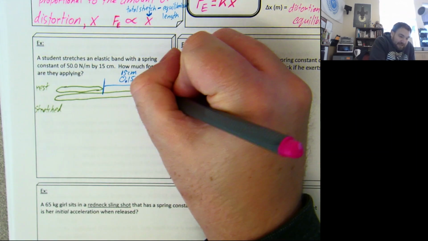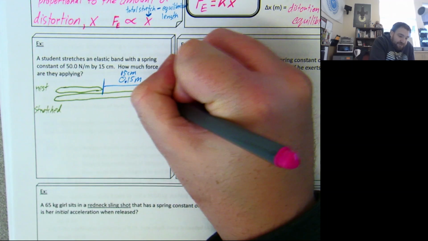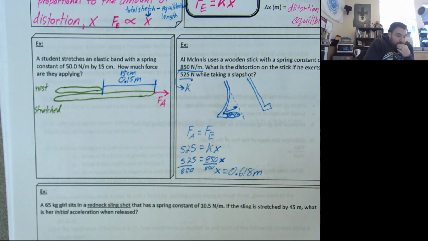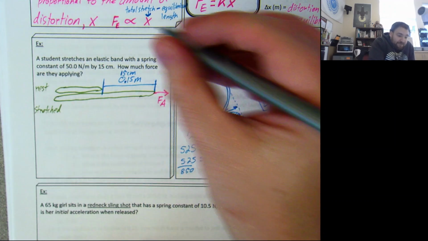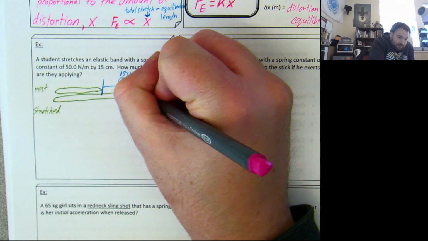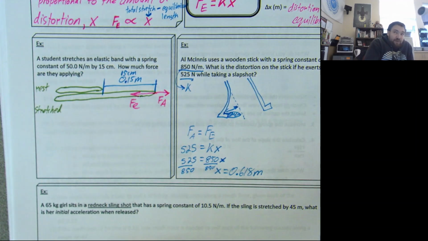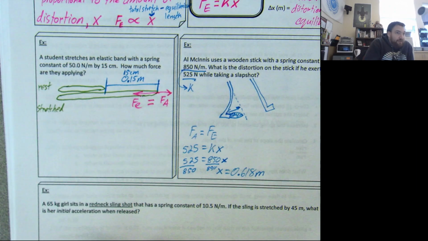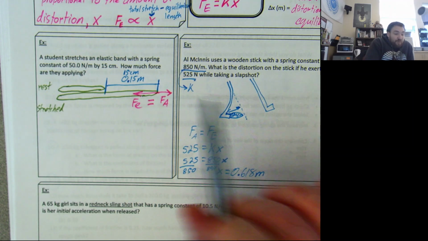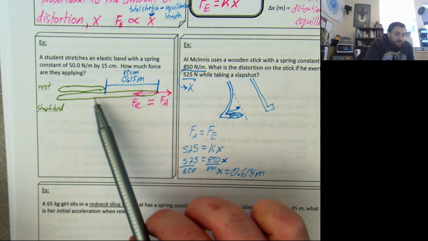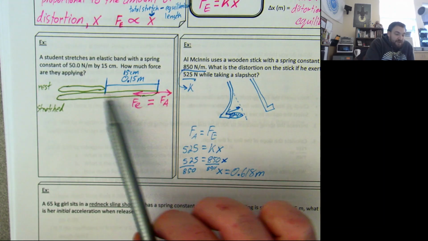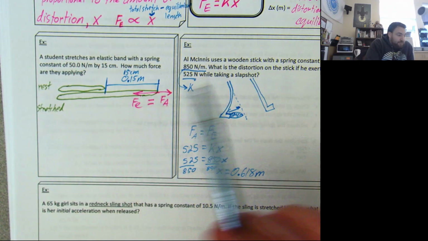So the applied force outwards, because the rubber band at this point is inherently stationary, the applied force outwards and the elastic force inwards are going to be equal to each other. The rubber band's not moving. So if we want to find how much force they're applying, we just need to find the elastic force for this extension.